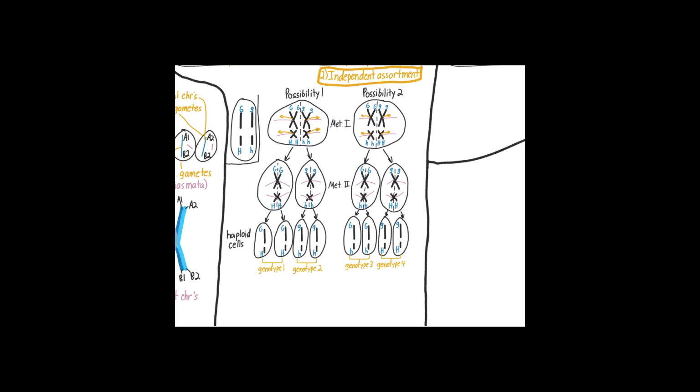Keep in mind that possibilities 1 and 2 are equally likely to occur. So any given haploid cell has a 50% chance of getting one of these chromosome combinations and a 50% chance of getting one of these chromosome combinations. In other words, they have a 25% chance of getting each genotype.